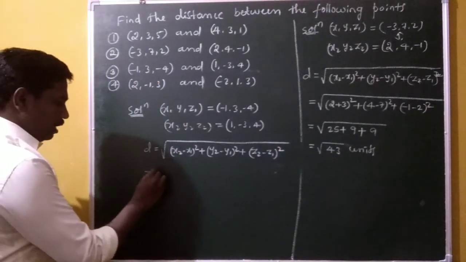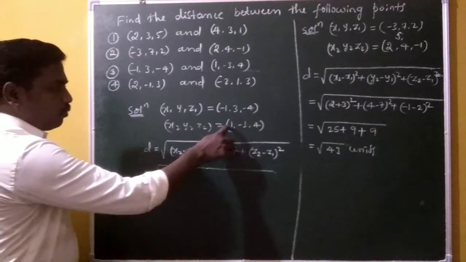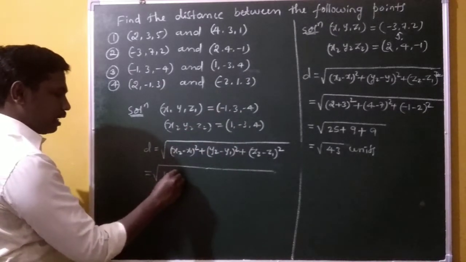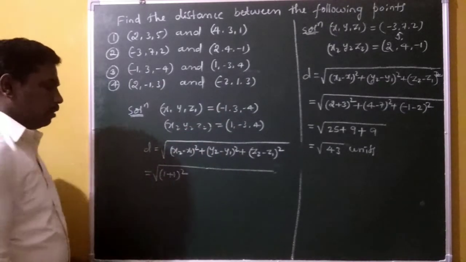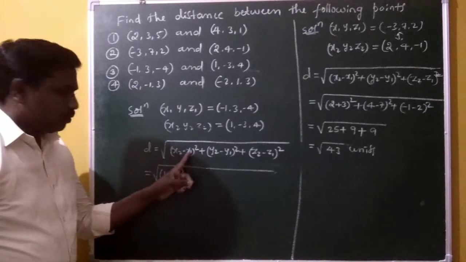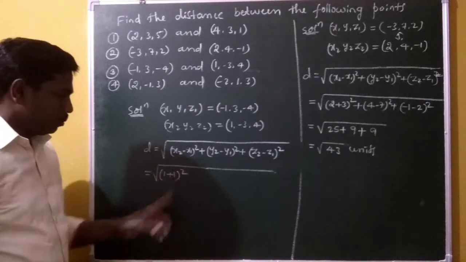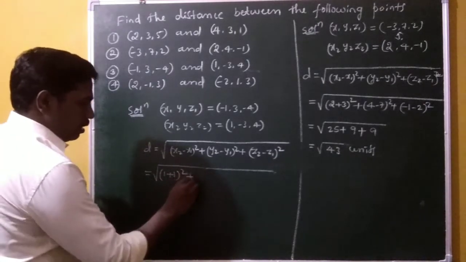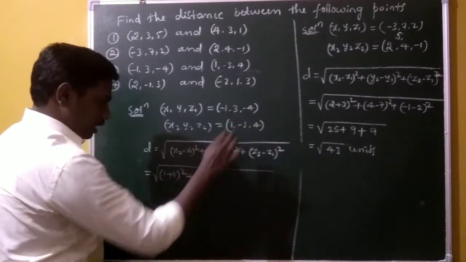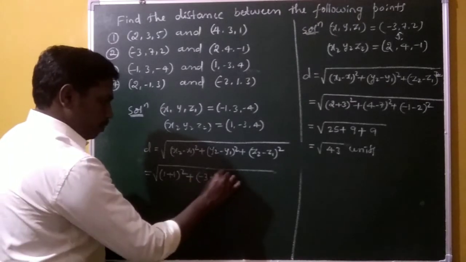Okay, so D is equal to square root of x2 minus x1, 1 minus of minus 1 plus 1. Look carefully: x2 is 1, so minus x1 is minus of minus 1, which is plus 1, so 1 plus 1 whole power 2. Next, y2 is minus 3 and y1 is 3, so minus 3 minus 3, whole power 2.